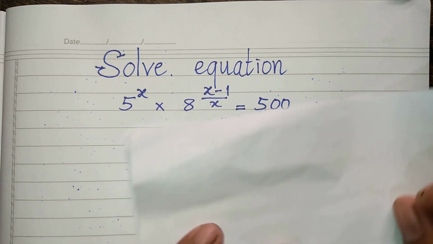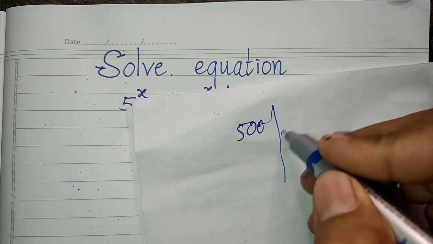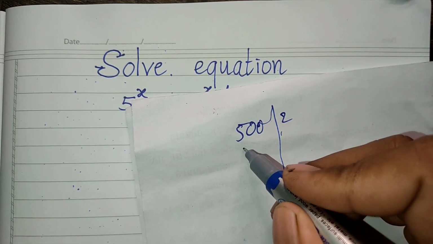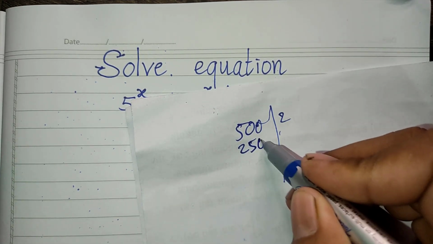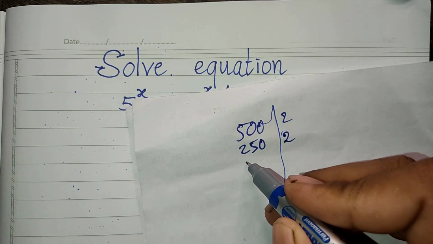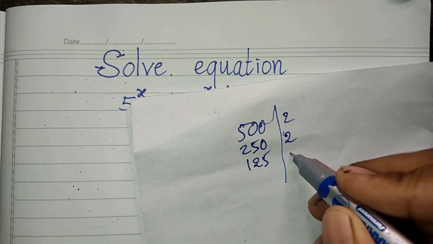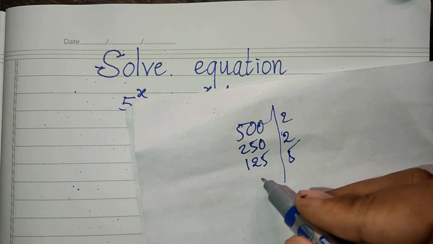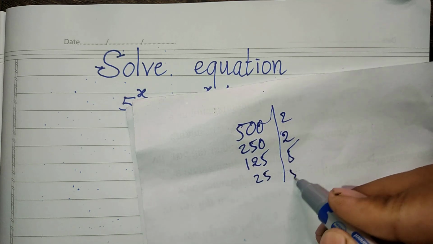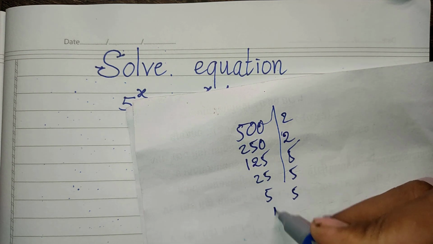So 500, we can divide by 2 and get 250, and divide by 2 again and get 125, divide by 5 and get 25, divide by 5 and get 5, and divide by 5 and get 1.